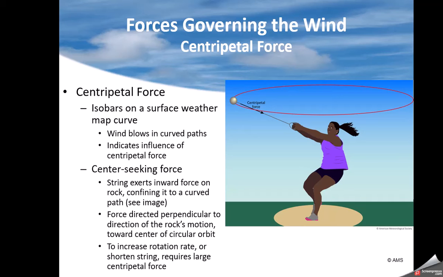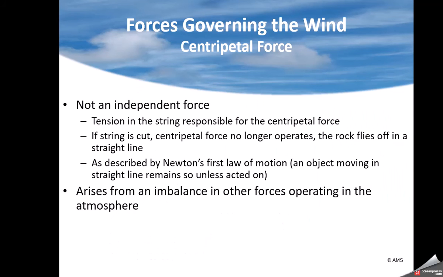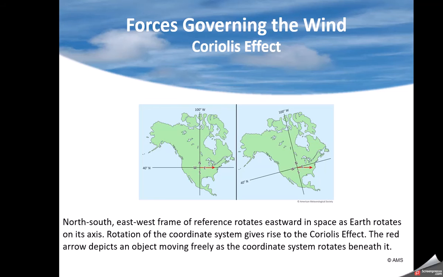When that slingshot is being held, that object is being held there by the sling as it's spinning around, and when they release it, it moves off straight. But while it's being held and can move in a circle, that force that's holding it there is called centripetal force. It's not independent. Tension on the string is responsible for that force. So it arises from an imbalance in other forces operating in the atmosphere.